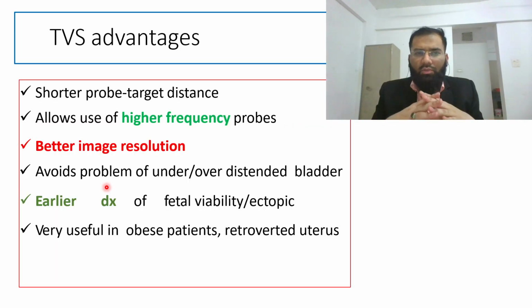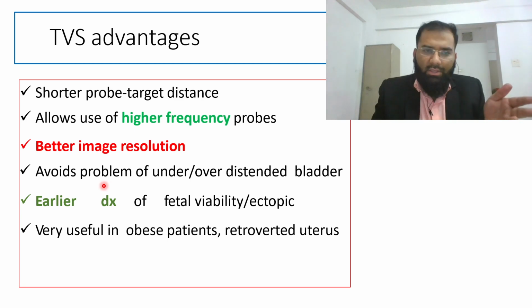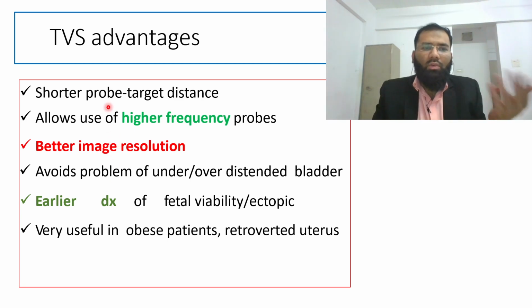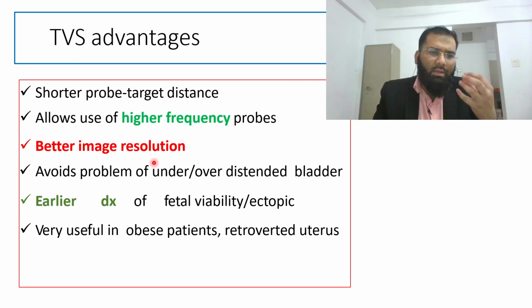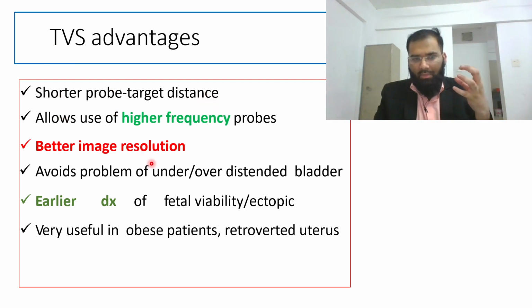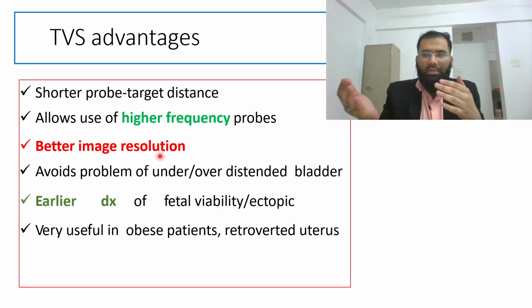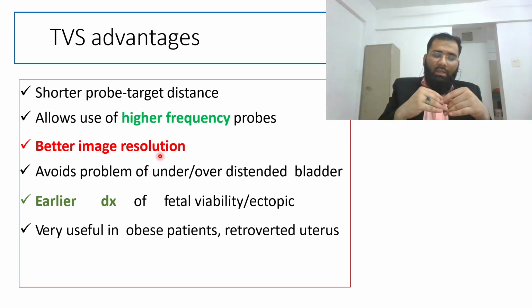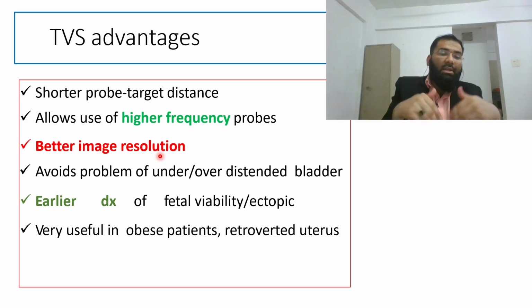So transvaginal sonography has multiple advantages over routine transabdominal sonography. So TVS is advantageous because it has better image resolution. It avoids the problem of over-distended bladder. It can be used for retroverted uterus, and it helps in the diagnosis of fetal viability early.